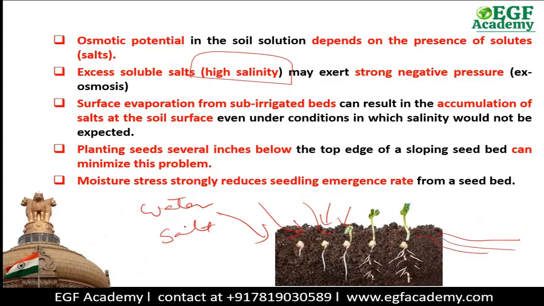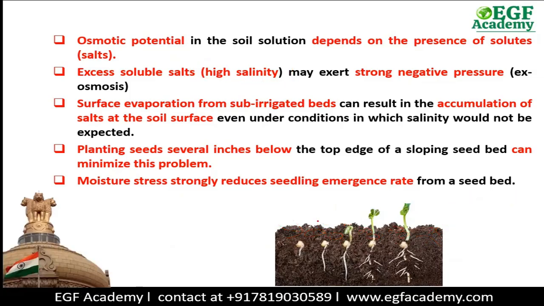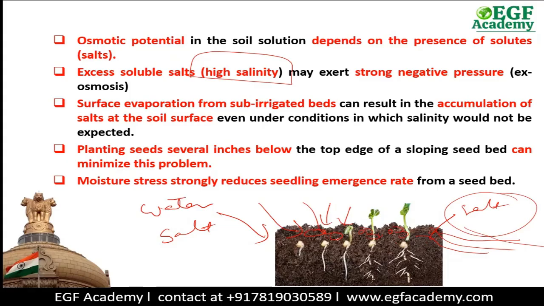If that water does not come out, then the salt gradually starts accumulating in the soil itself, and due to that salinity increases. So that is why it is necessary to have a proper drainage system, so that salts do not accumulate in the soil. If salts accumulate in the soil, then seed germination will not happen, because then the water will not be able to go inside the seed.